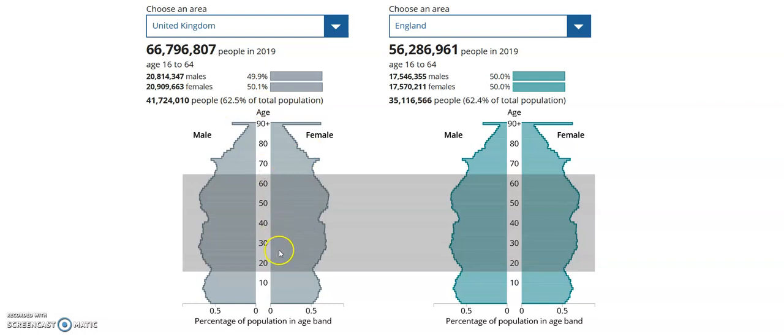So if you're talking about ages between 16 to 64, we can see we have contribution from almost the same, 50.1% to 49.9%. So we can see more contribution from females in the workforce.